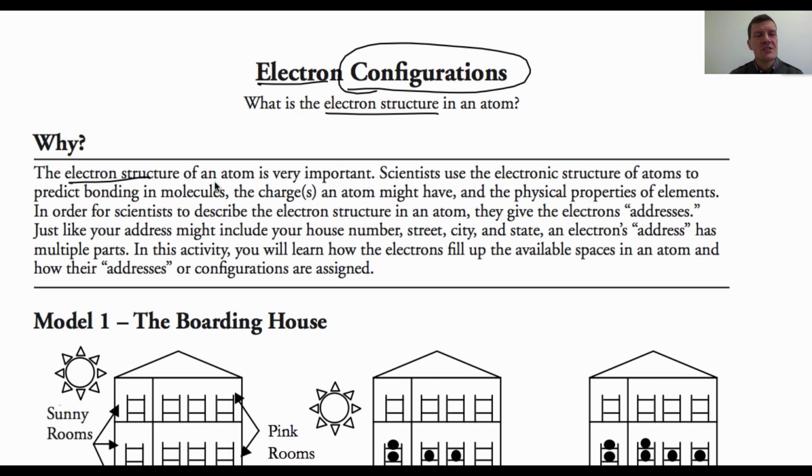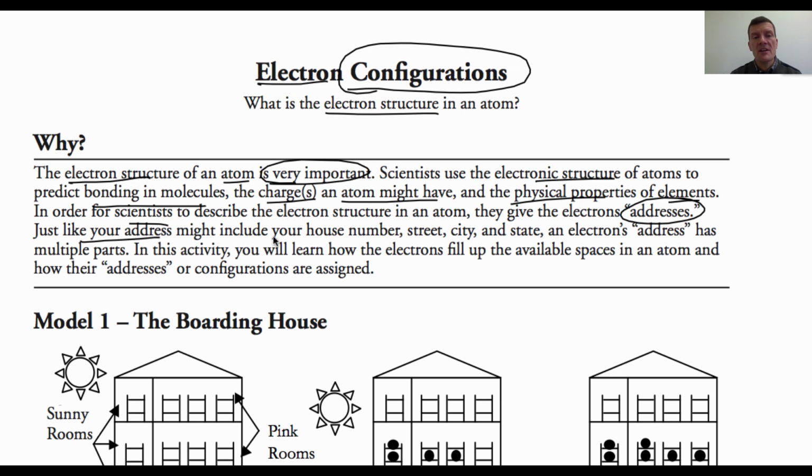All right, the electron structure of an atom is very important. They use the electron structure to predict bonding in molecules, the charge an atom might have, or the physical properties of elements. In order for scientists to describe the electron structure in an atom, they give electrons addresses.